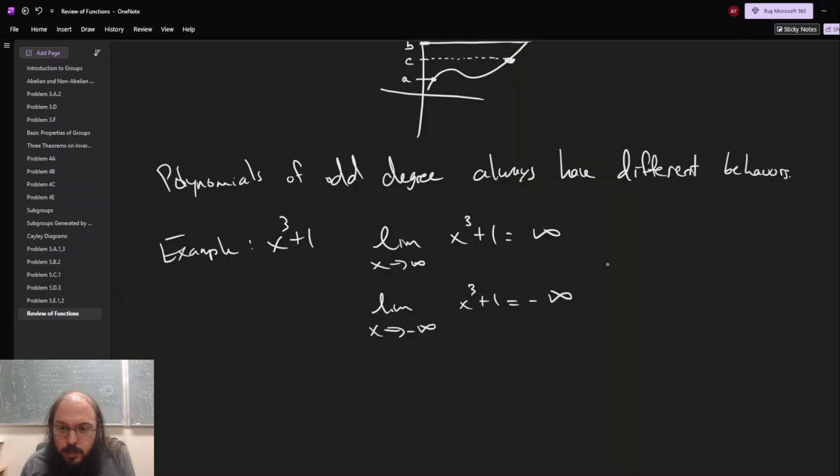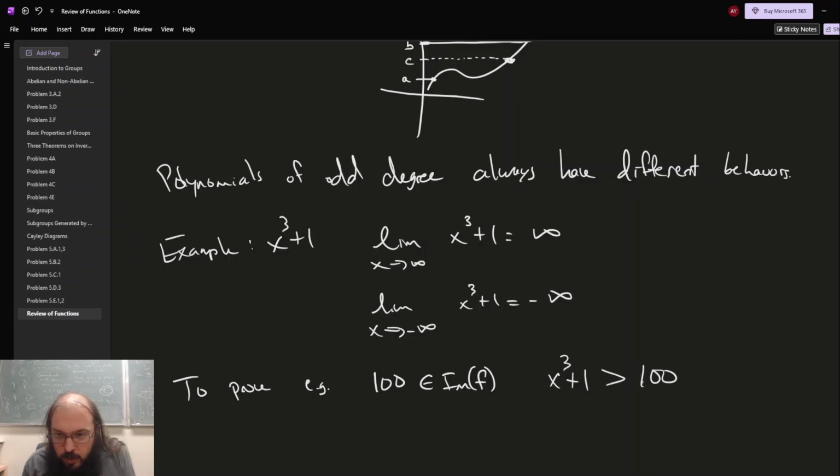Because if I want to prove that any given number, like say 100, is in the range, I just find some big enough positive number x0 so that x cubed plus 1 becomes more than 100.